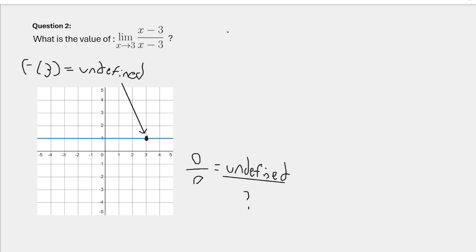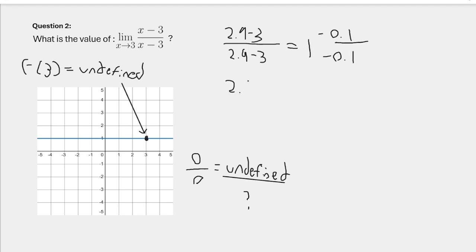So if we were to try, for example, 2.9 minus 3 divided by 2.9 minus 3, and I'm just plugging 2.9 in, we get 1, because that's 0.1 over 0.1, and of course you have the negative signs that just cross out. So that gives us 1.